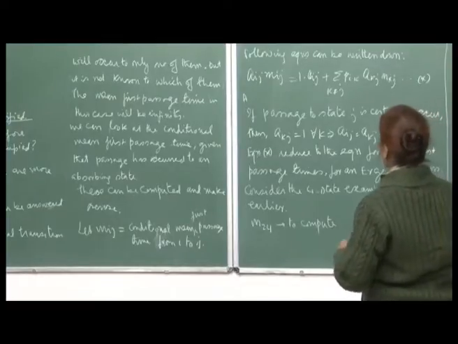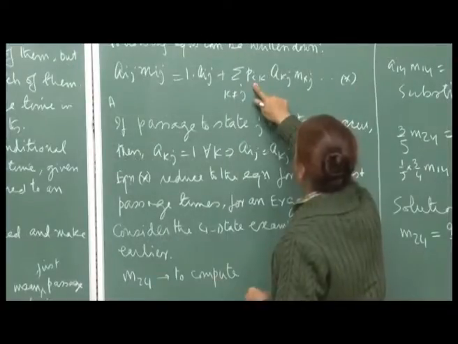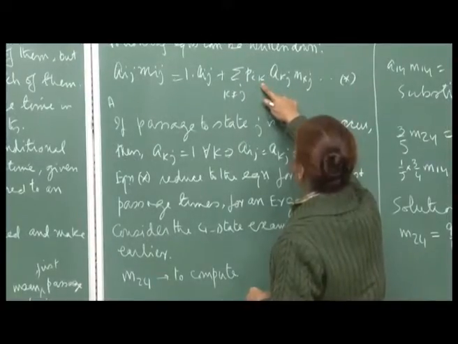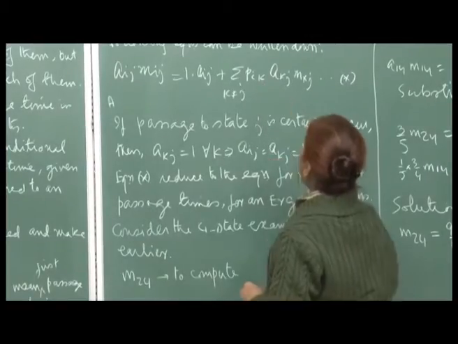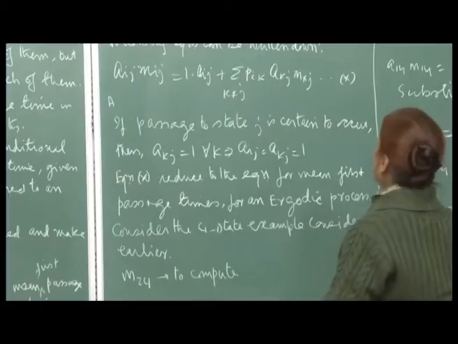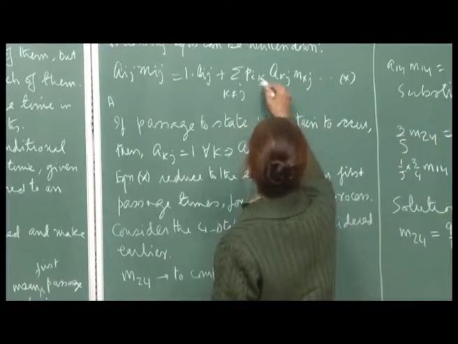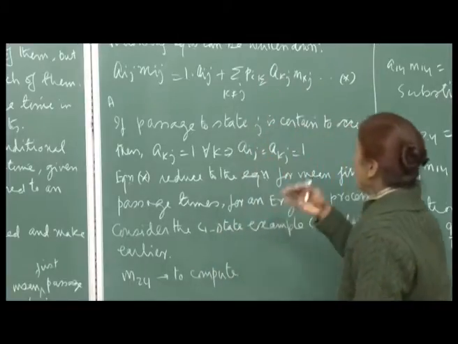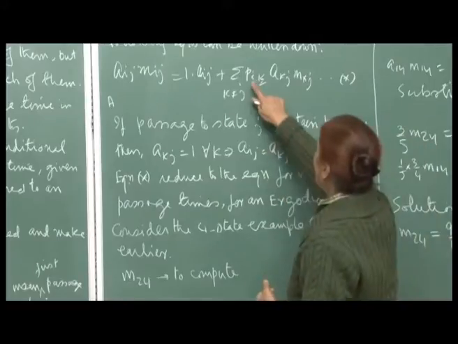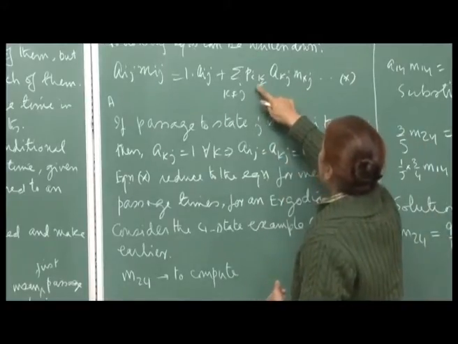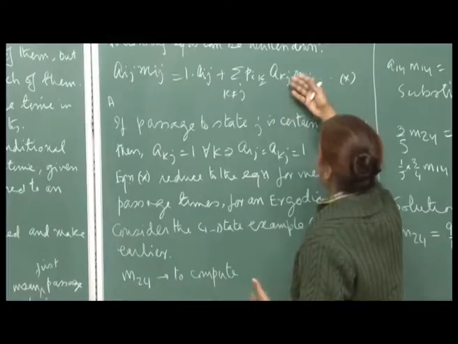So, is that okay? Here this is i to k, that means you may transition from i to another absorbing state, but then in that case, no, sorry, k cannot be an absorbing state, because you can immediately see that the argument is not correct. If you go from i to k, then you cannot transition from k to j, because once you are in an absorbing state, then it is done.